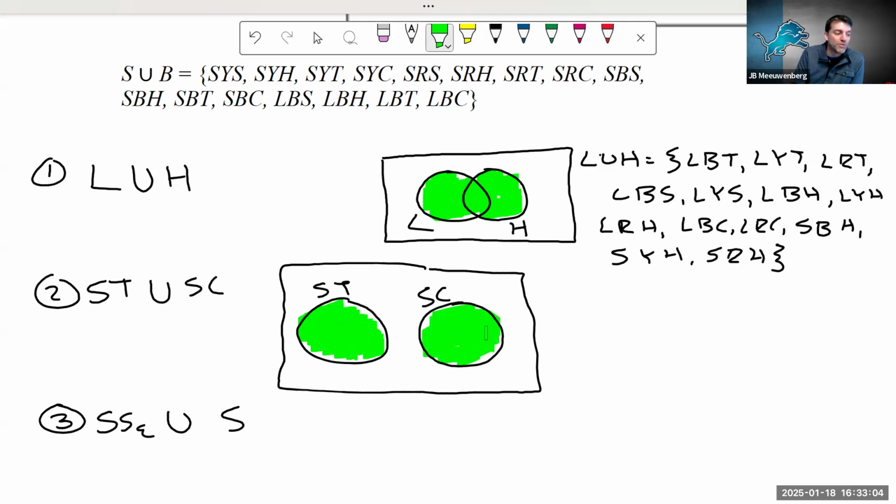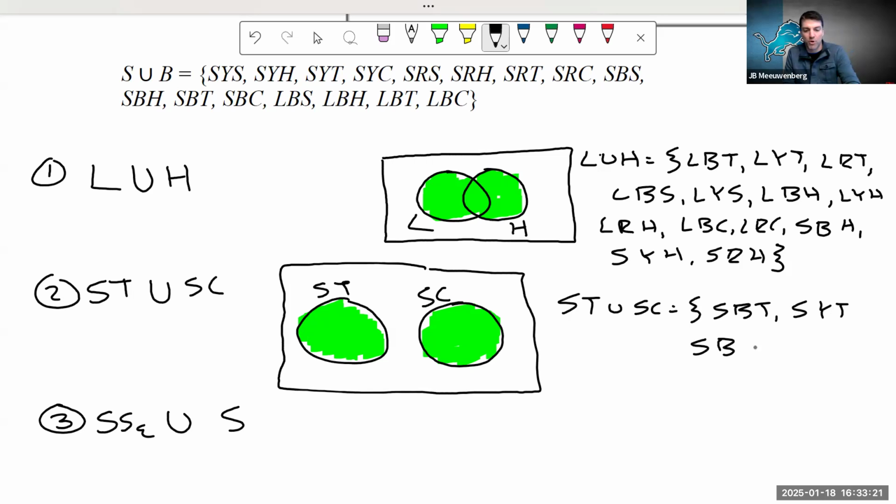We are shading in both of those circles. And that would contain, ST union SC would contain the elements: small blue triangles, small yellow triangles, small red triangles, and then small blue circles, small yellow circles, and small red circles.